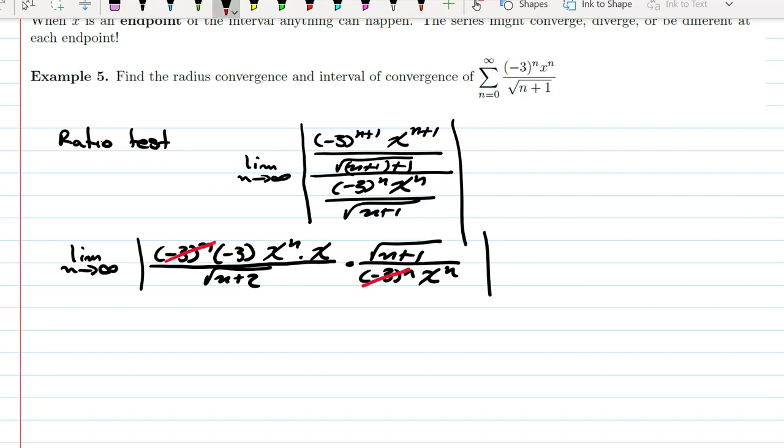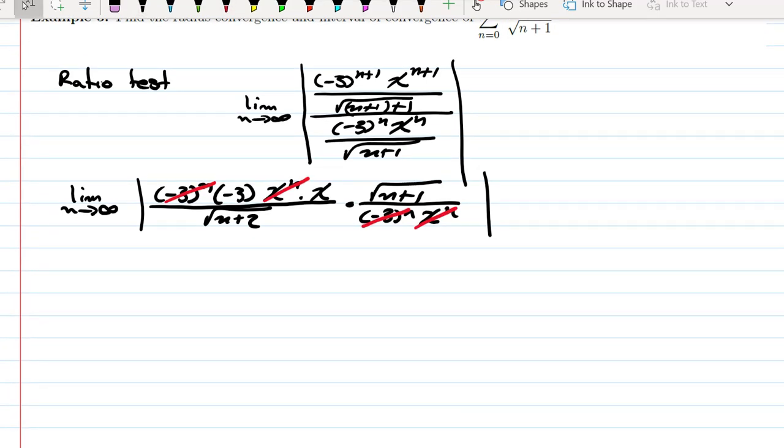So a whole bunch of stuff reduces out, our x^n and our x^n, and this leaves us with the absolute value of negative 3 x, so we get 3 times the absolute value of x times the limit as n goes to infinity of the square root of n plus 1 all over the square root of n plus 2.